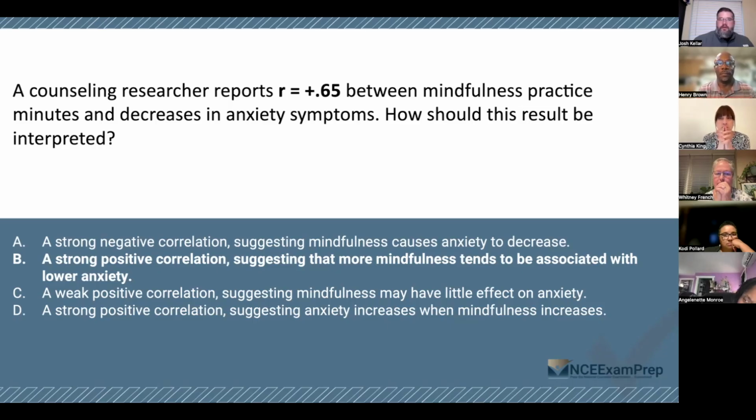So again, when we're taking the test, we have to select the very best answer. And the very best answer is reflected because we've been given this number right here, that it's a strong positive correlation. If we could rewrite this and say R equals negative 0.65, and didn't change anything else, what would be the best answer?